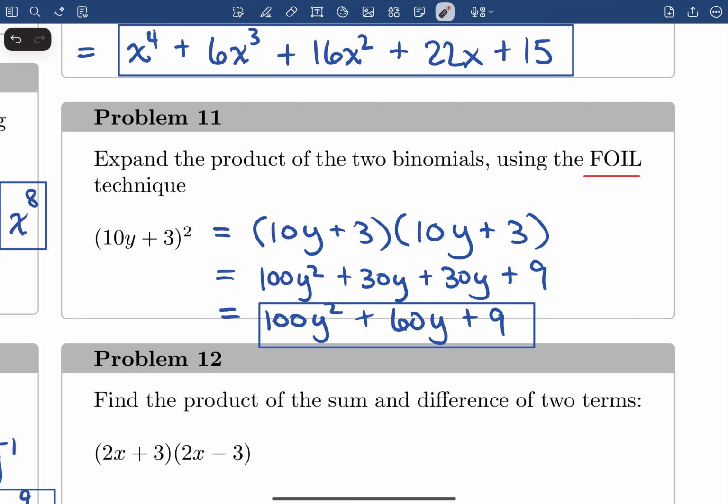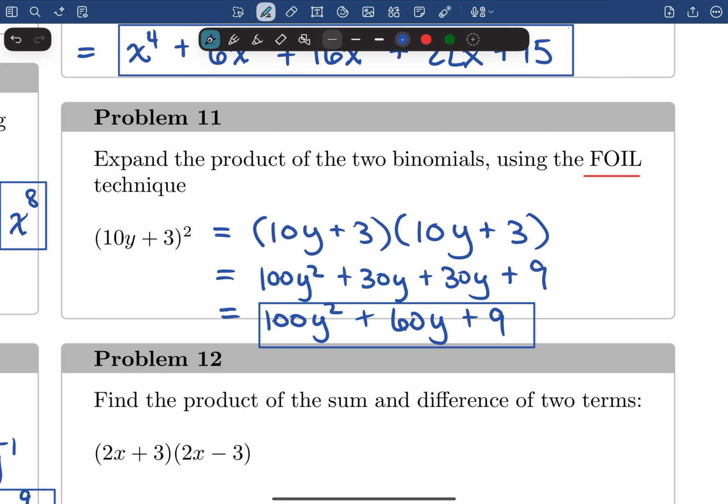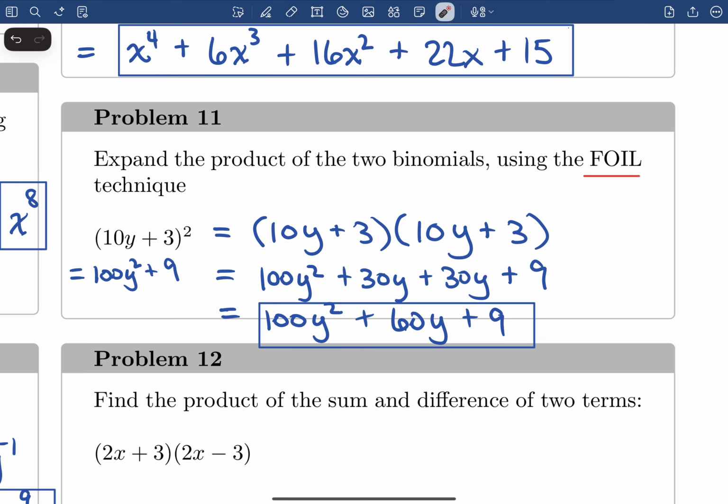So one thing you want to be careful about is you don't want to just take 10y squared and 3 squared. That's not true, right? Your answer would be 100y squared plus 9, and so you would be getting these two terms, but you'd be missing the middle stuff.